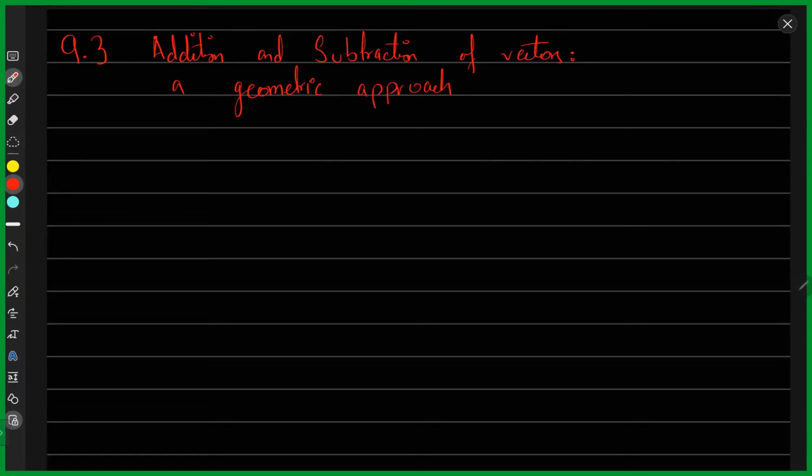Okay. All right. Now here we will talk about addition and subtraction of vectors using the geometric approach. Okay. Let me explain that through a diagram.